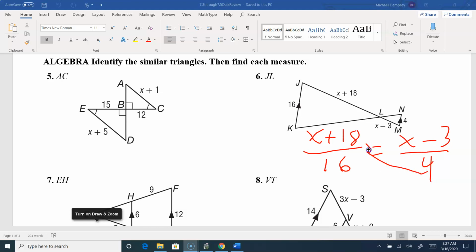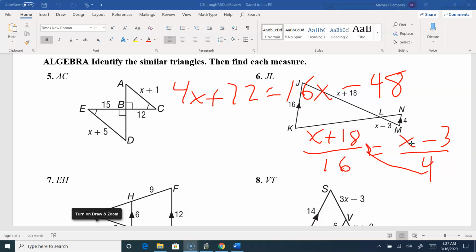So when I multiply here, it's 4 times the whole quantity, x + 18. So 4 has to multiply by x and by 18. So I have 4x + 4 times 18 is 72. Okay. And that's going to be equal to 16x. Don't forget the second part, minus 48, right? 16 times x, 16 times minus 3.